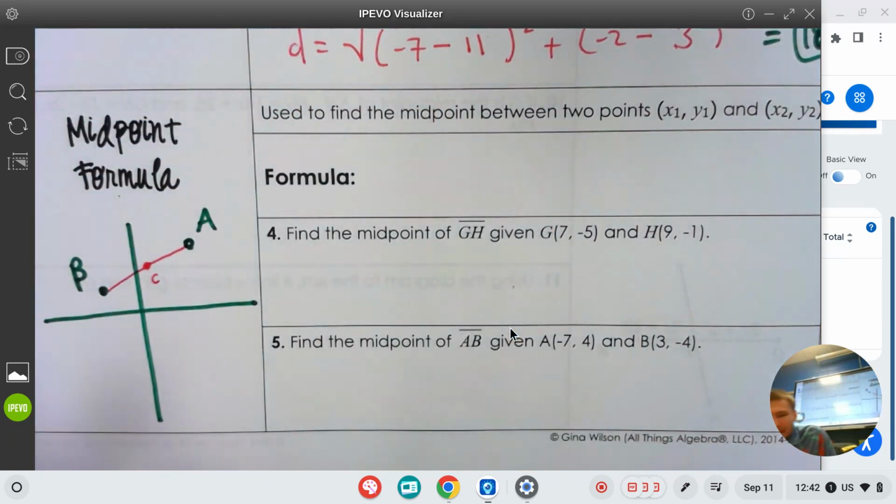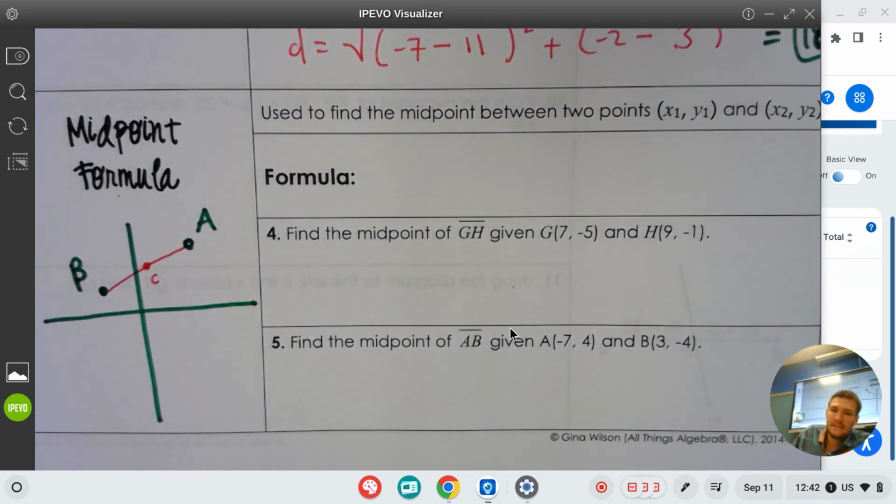Let's just call that C. How do you think we can find the midpoint between A and B? And I'll give you a hint. It is so much easier than the distance formula. All we're trying to do is find out what's in the middle. What do you normally do when you're trying to figure out what's in the middle?